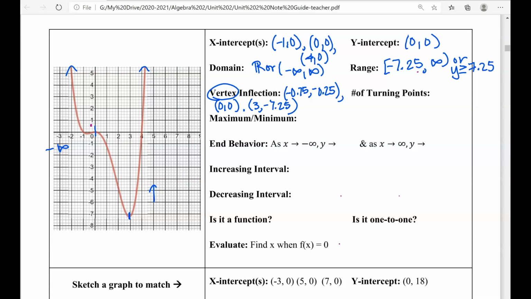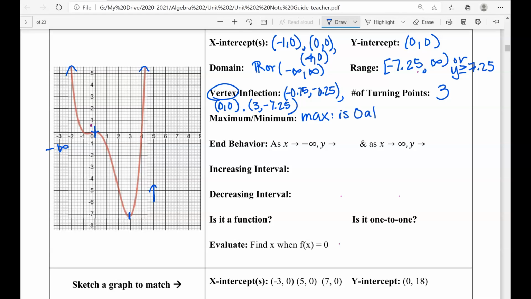Number of turning points, because we got 3 vertices, we have 3 turning points. We do have some mins and some maxes here. So we have one peak, which is at the origin. So that's your max. Max is going to be 0 at x equals 0, or we can write 0, 0.